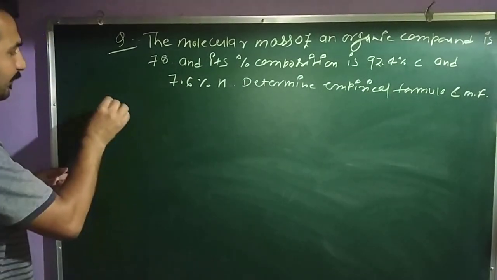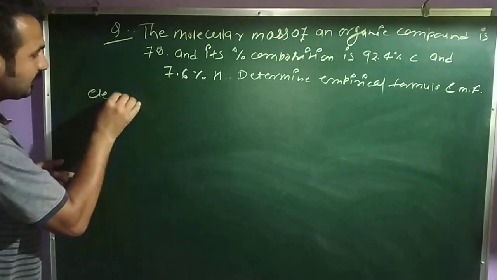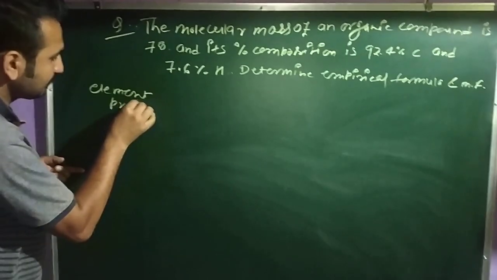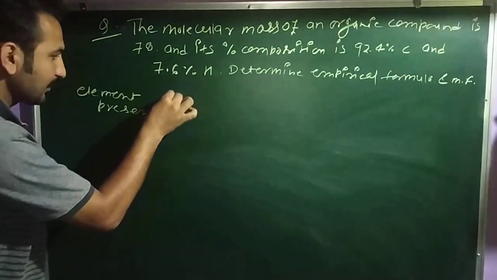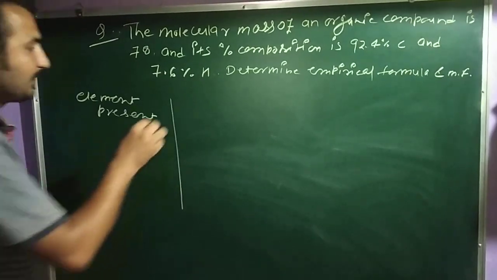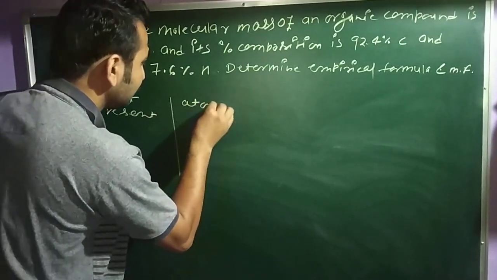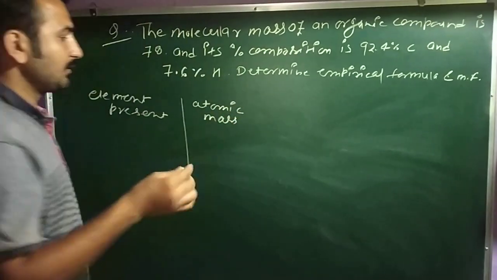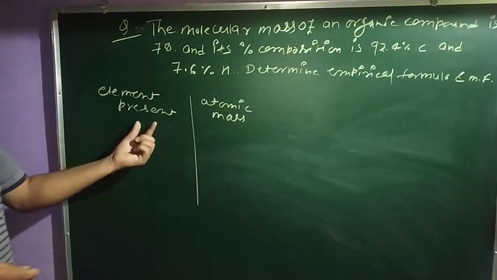So first you have the element present. Second, the atomic mass of the element present.